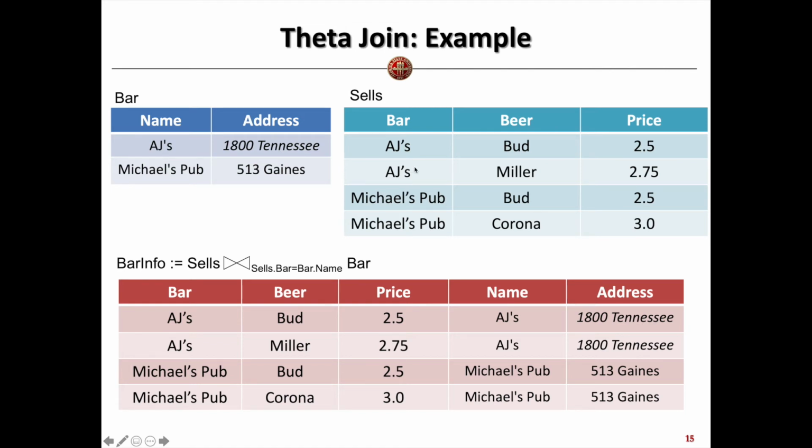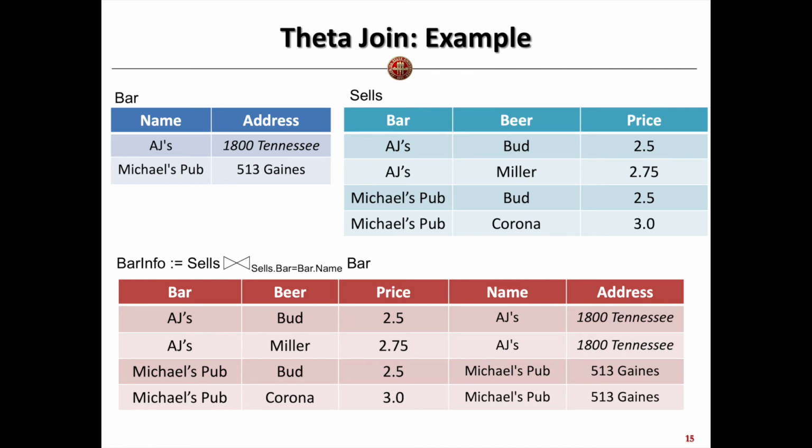And then we have a Theta Join query. We want to calculate the sales Theta Join bar with the condition sales.bar equals bar.name. In other words, we want to join the two tables together and also select the tuples with the bar name matching the sales bar name here.